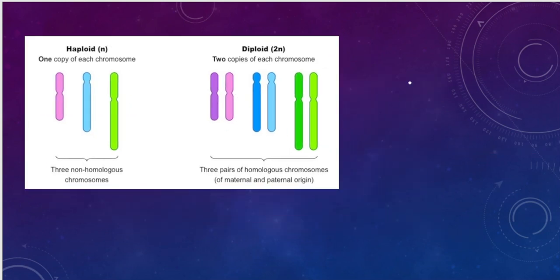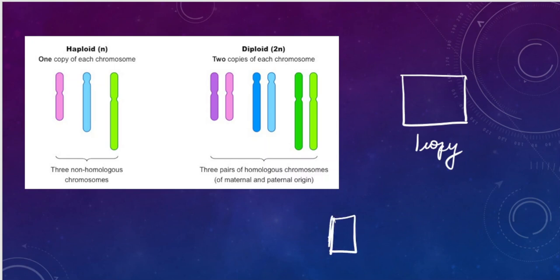So suppose there is just one chromosome, just one copy of chromosome. Okay, then we say it as haploid. So it is just one chromosome, one set you can say, or one copy. Likewise I can say that I have one paper and I have only one copy of this. How many copies? Just one copy. Okay, but suppose I say that I have one more paper, this type of sheet.